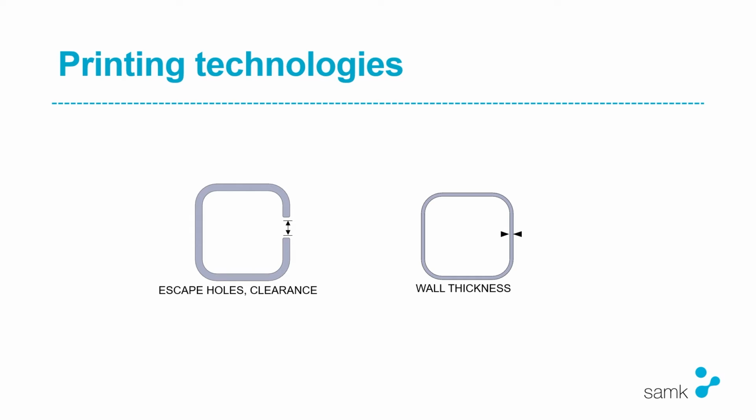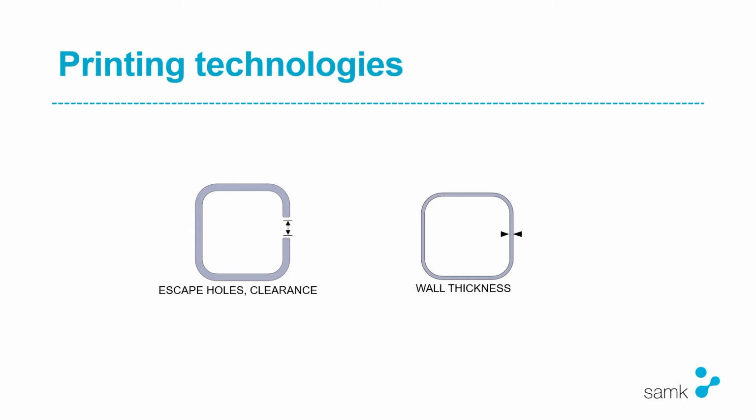And the wall thickness also depends on the technology. For PA11, for example, the SLS technology, the escape hole should be around 4 millimeters, and the minimum wall thickness is 0.4 to 0.5 millimeters.